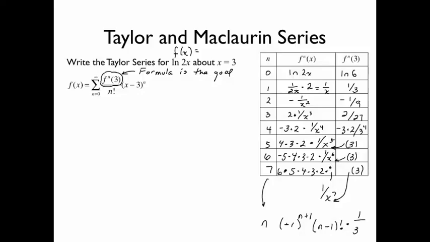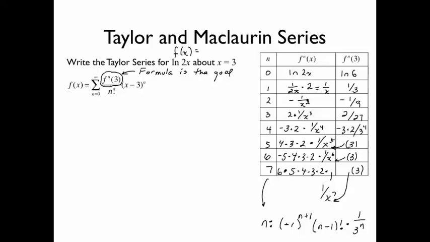So 1 over x to the 7th, 1 over x to the 6th, those are 1 over 3 to the n. That's not multiplied. This is the nth derivative taken at 3, and it has this formula: negative 1 to the n plus 1 times n minus 1 factorial times 1 over 3 to the n. That is the pattern that emerged as we started writing all these out.